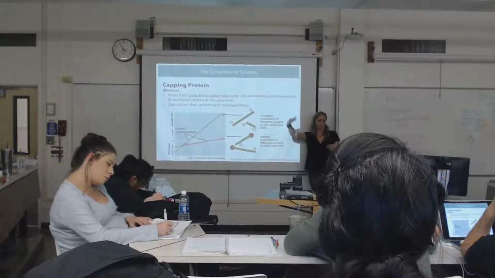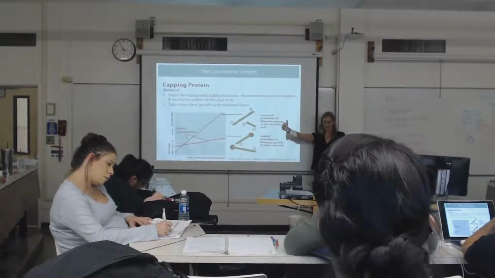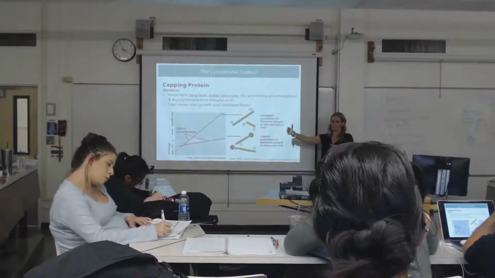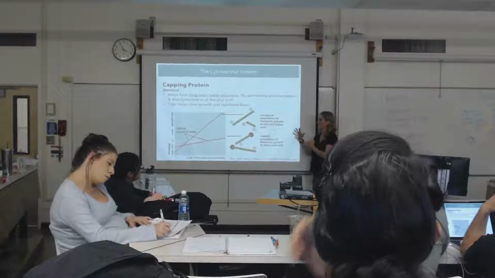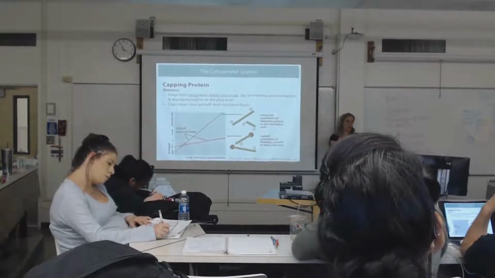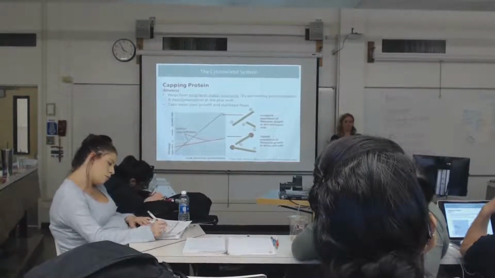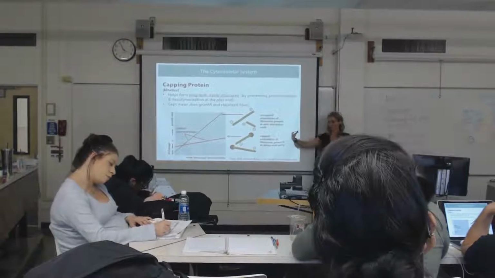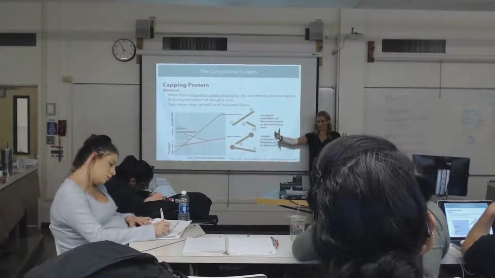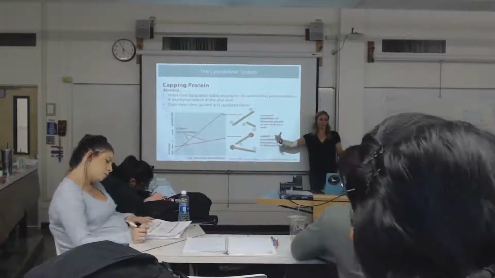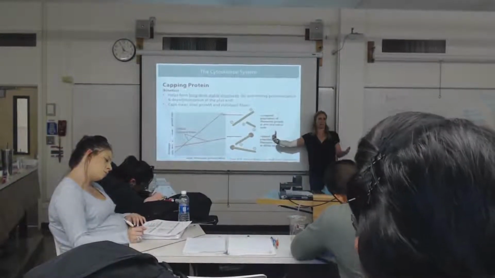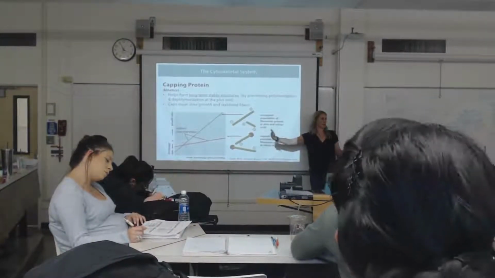Once the filament gets to the length that is required, the cell can cap off growth at the plus end. This is what enables long-term stable actin filaments. It's by preventing growth and depolymerization at that plus end, where you see all this rapid growth and polymerization.